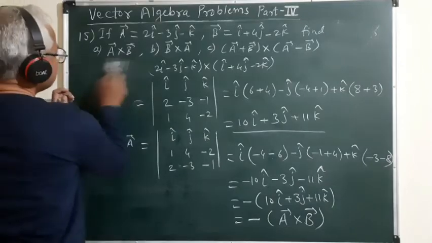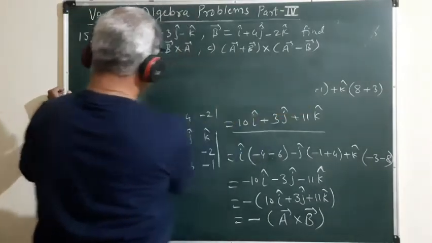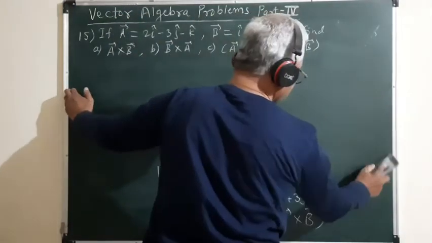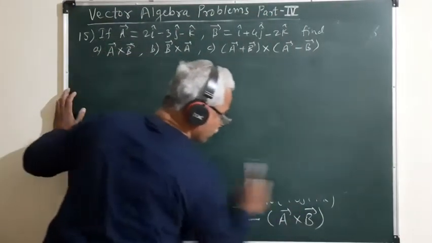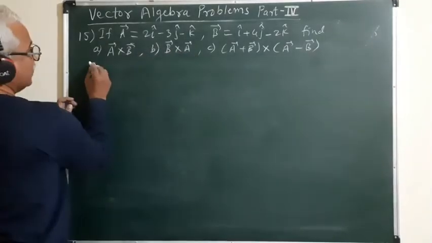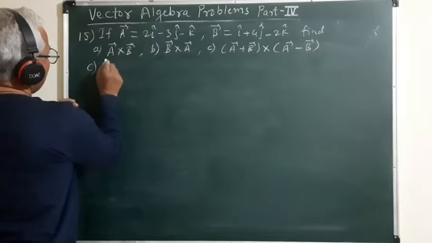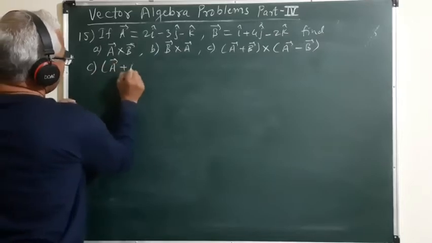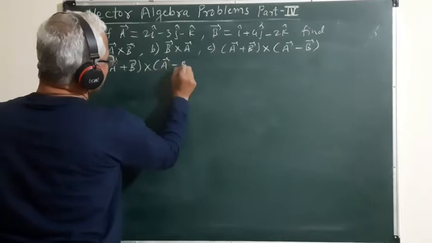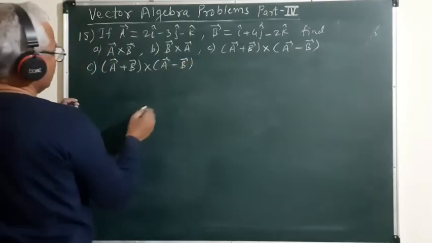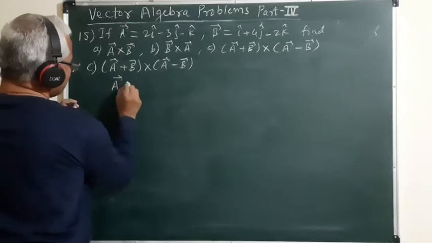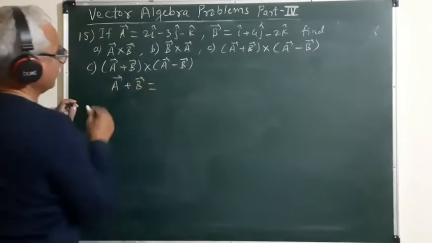Now let us evaluate the third identity, a bar plus b bar cross a bar minus b bar. For that purpose, let us first evaluate a bar plus b bar.